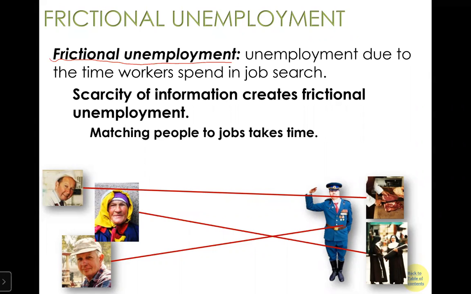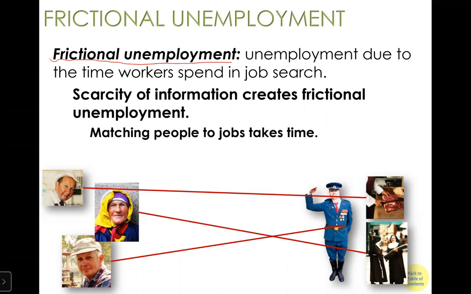It just takes you time to sort out everything. The same in the labor market. You know there's a dream job for you, but it just takes time. And why does it take time? Because there's scarcity of information.